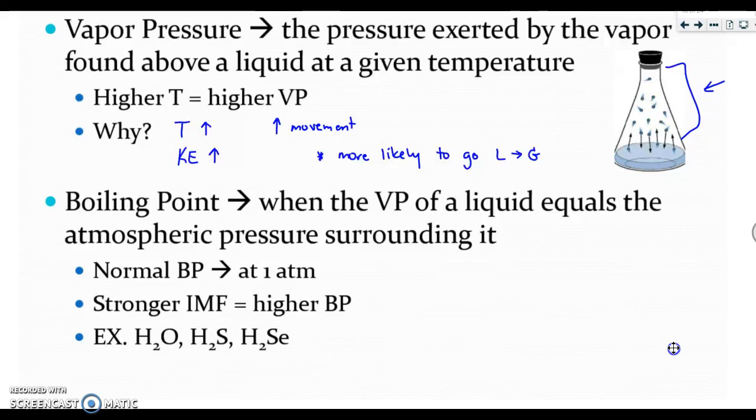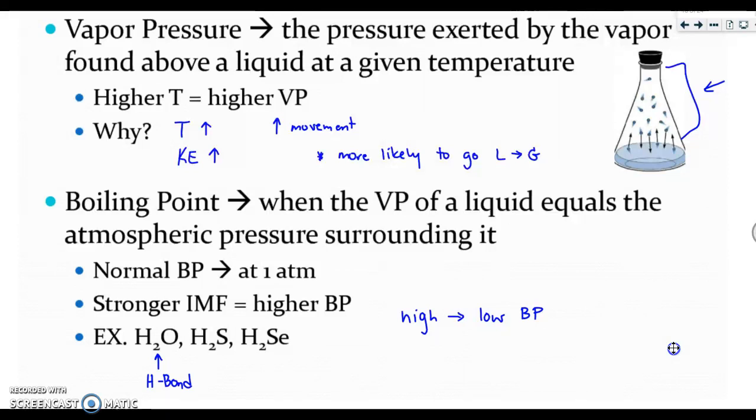So I would like to discuss how I would place these in order of highest to lowest boiling point. So I have to use my knowledge of IMFs to figure this out. So let's discuss the IMFs for each of these substances. Water, you see an H, you see an O. Hopefully automatically you are thinking H bonding.